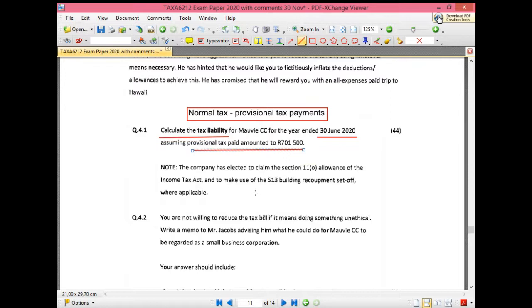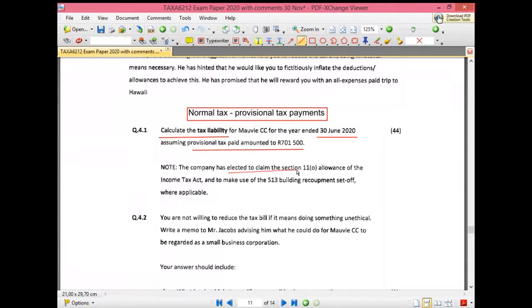And then they tell you additional information. As soon as you see additional information, you know you need to do something with it. We do not give you information just for the hell of it. Specific instructions are there to guide you, to help you.